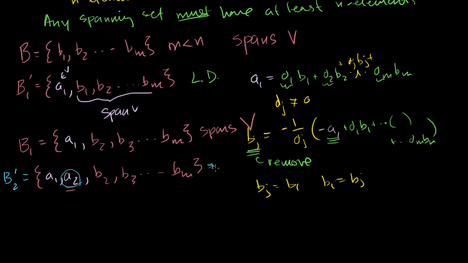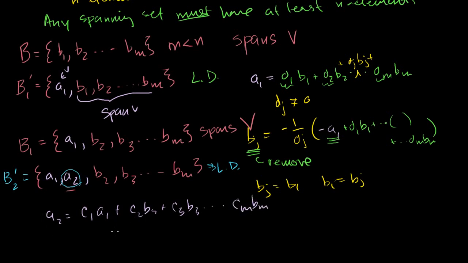So we know that this right here is linearly dependent. And we can say that A2 is equal to some constant C1 times A1 plus C2 B2 plus C3 B3 all the way to Cm Bm.